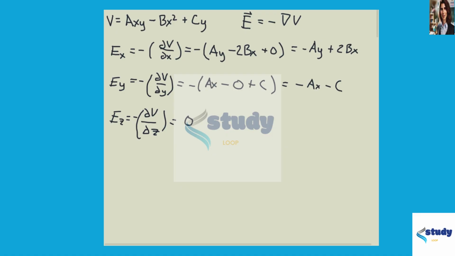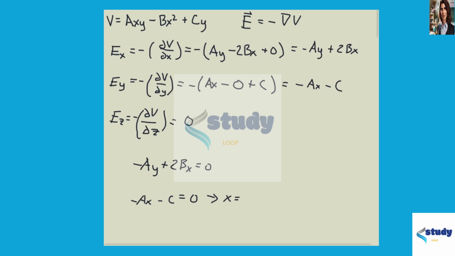Now, where is the electric field 0? Well, that is where all the components are equal to 0. So to solve for that, we need to set each component to 0. We solve this one first for x.